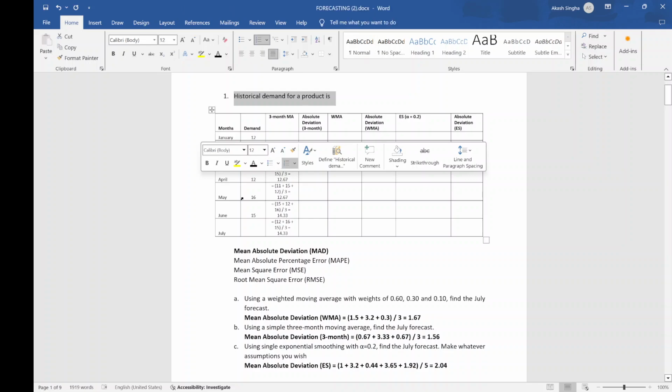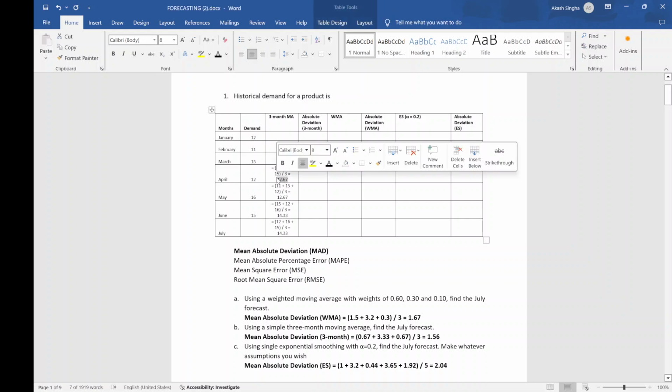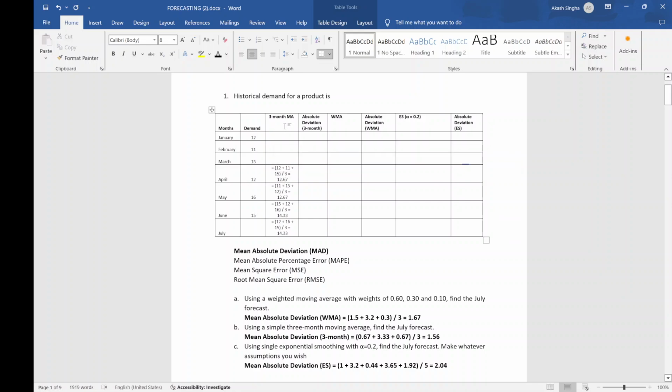For the month of April, we can calculate the average of the last three, and this would be the April month's forecast for the 3 months moving average. For the May month, it will be these 3 months, 12, 15, and 11. For June, last 3 months, and same for July. So this is the 3 month moving average.